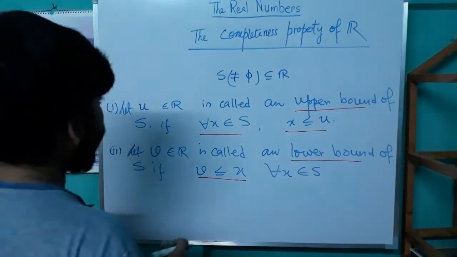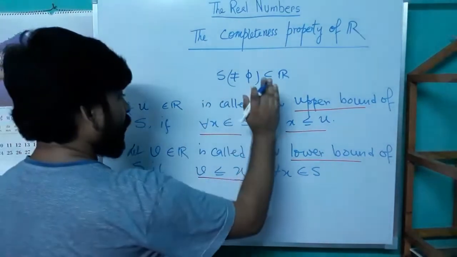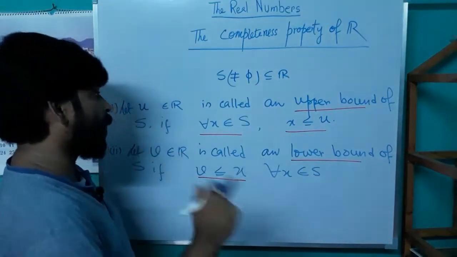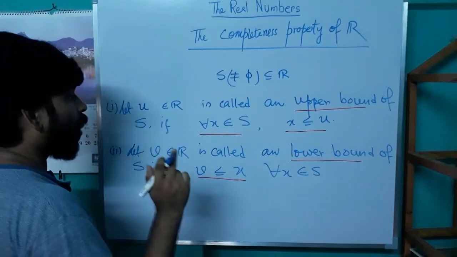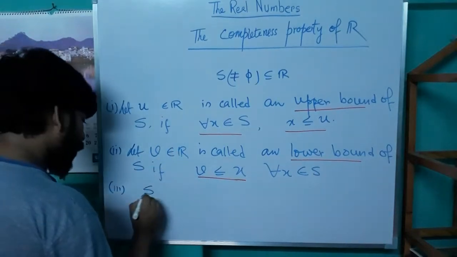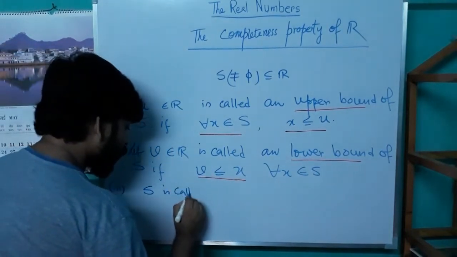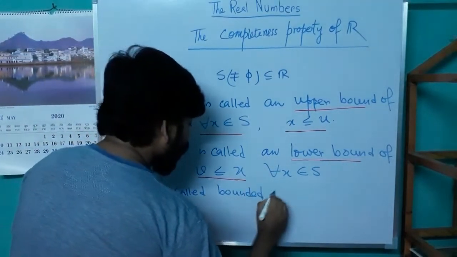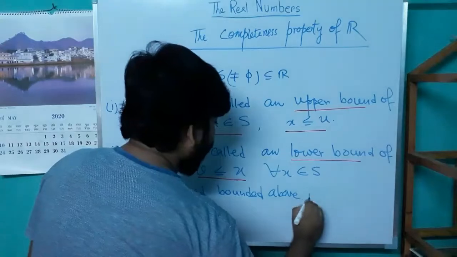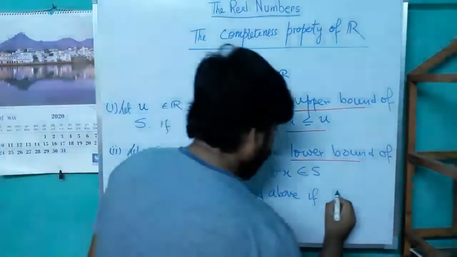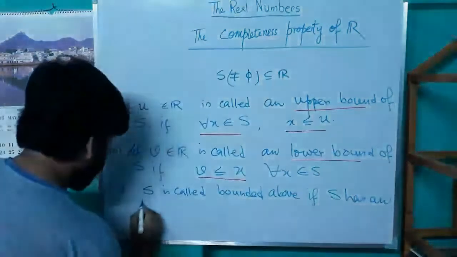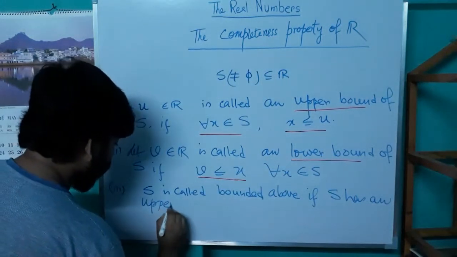If S is a non-empty subset of R such that S has an upper bound, then S is called bounded above. So S is called bounded above if S has an upper bound.